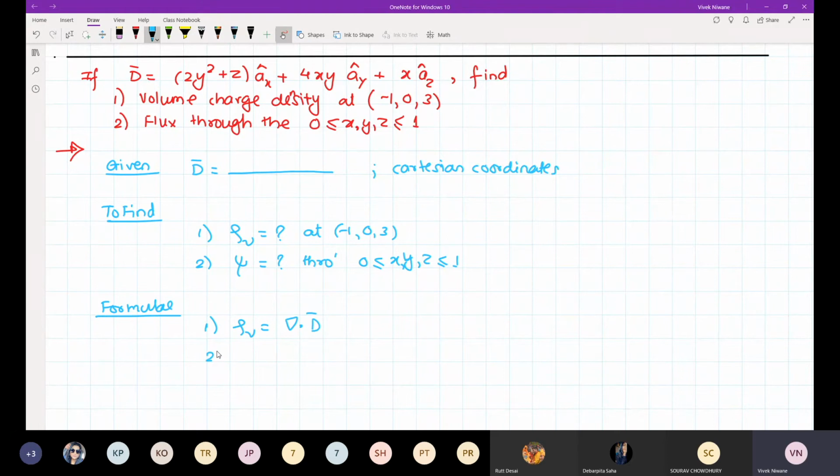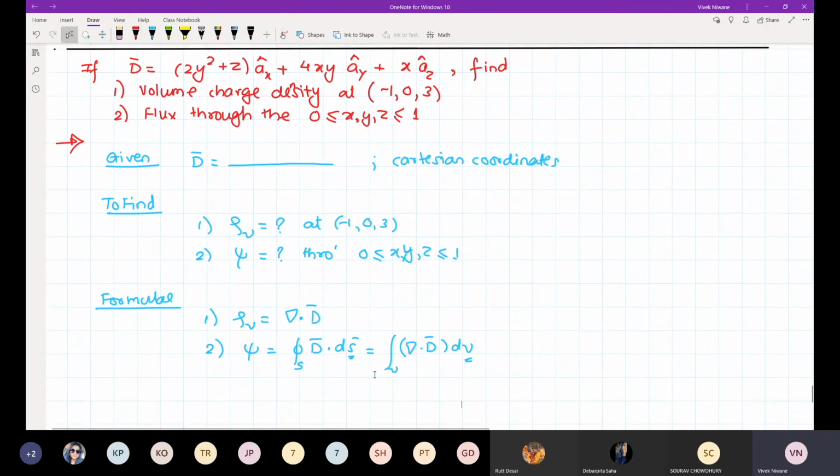And for psi, we have an expression which is equal to closed surface integration of d bar dot ds bar, and according to the divergence theorem this is nothing but del dot d bar evaluated over volume. What is this? Surface, and this is volume, because we have a surface term here and a volume term here.